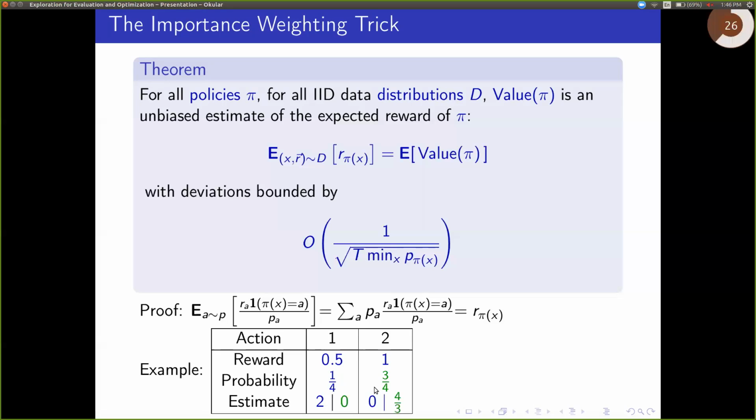And then when the 3/4 event happens, you get 0 for action 1, and you get 4/3, which is 1 over 3/4, for action 2. And then if you look at the expectations for that, it works out to give you the right value.